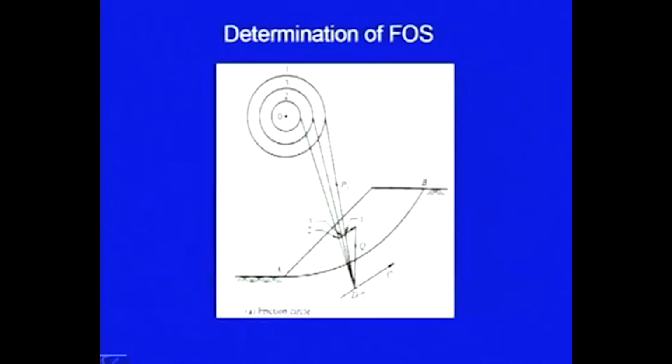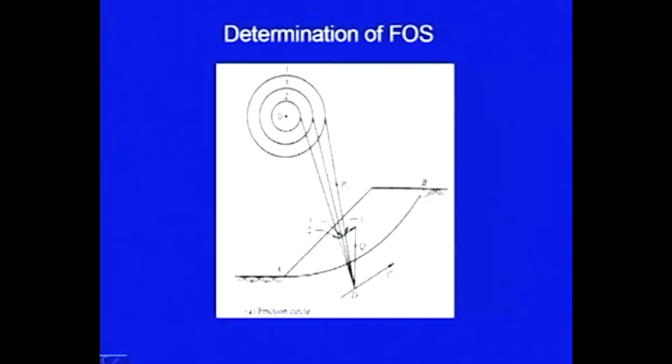Here this is the line of action of force C, and this is the wedge. This wedge has a cylindrical surface. Perpendicular to the plane of paper, we have been taking 1 meter as usual.